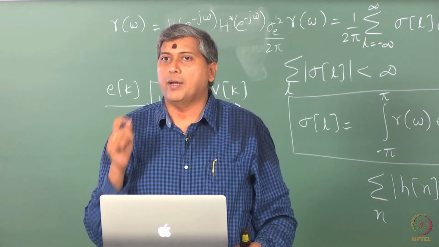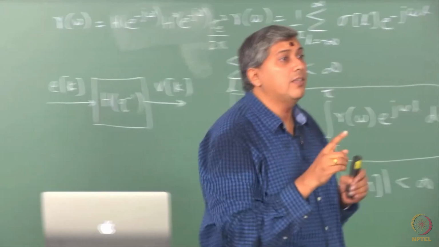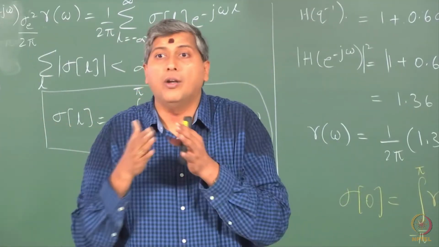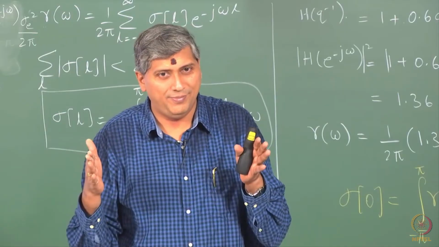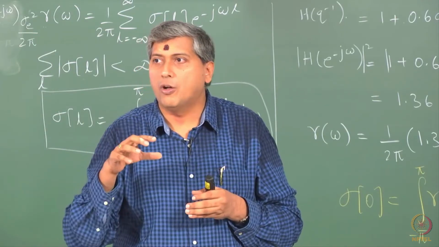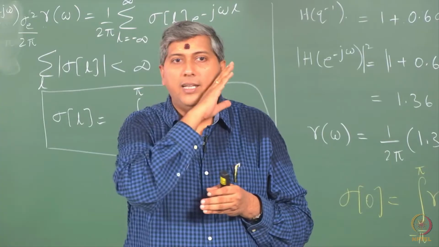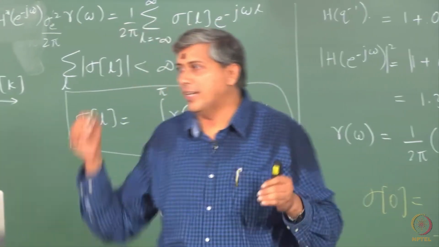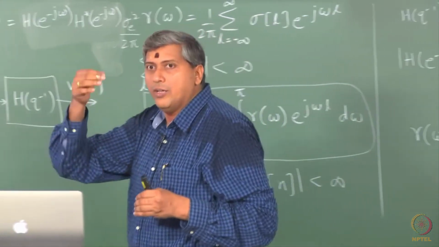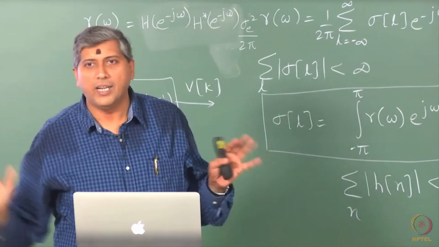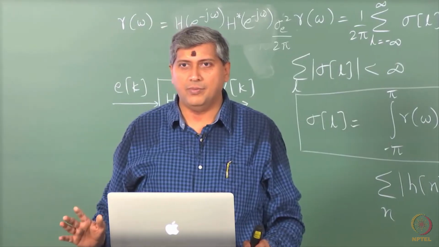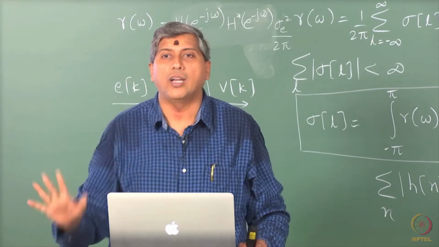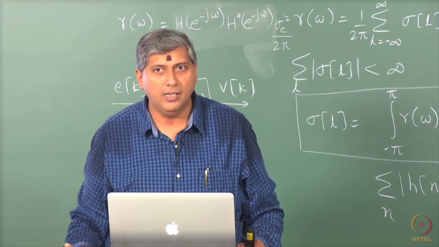The spectral density of any stationary process can be 0 at finite points perhaps, but not over a continuum, which means this process cannot really kill a range of frequencies. If at all, it can only nullify 1 or 2 or some finite set of frequencies, which means your h of e to the minus j omega cannot be 0 on an interval. That is something that you should remember.